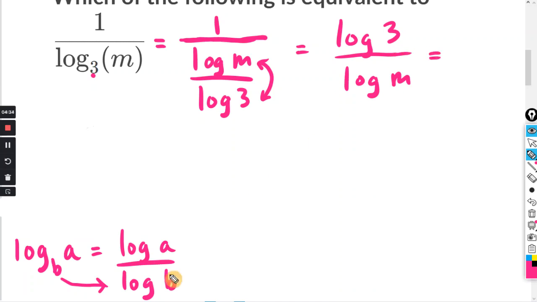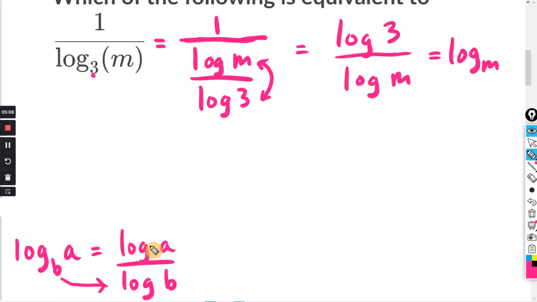If you compare this here, these are both in base 10. Log of b is the base number. So if I rewrite, the thing you're taking the log of in the denominator becomes the new base. So that's going to be base m. See right here, log of b is in the denominator, and that's the base right here. So log of m is in the denominator. That's the base right here.